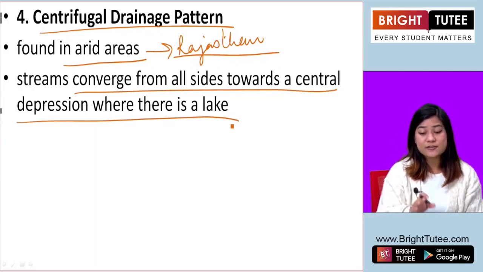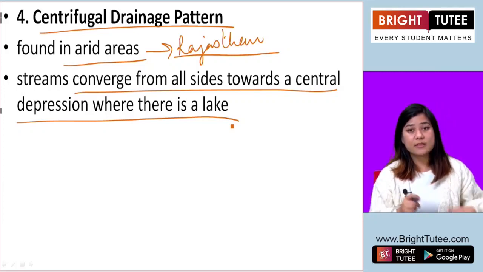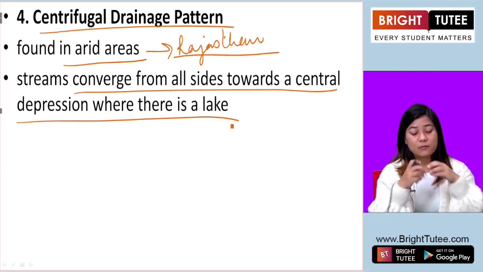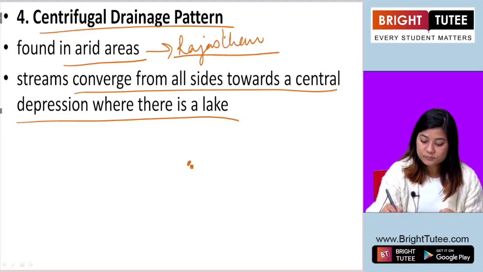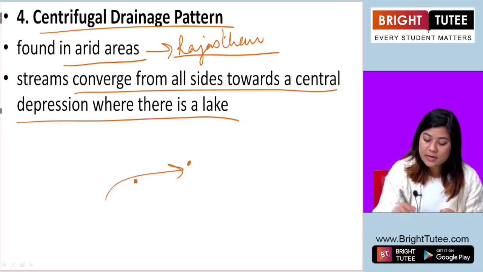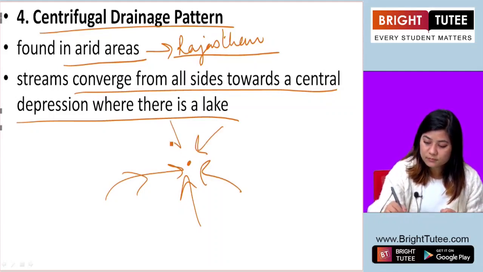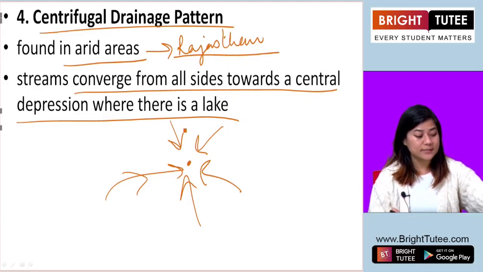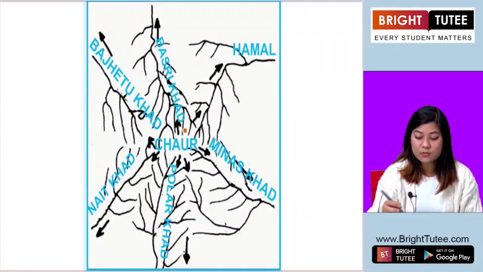So this centrifugal pattern is opposite to the radial pattern. In the radial pattern, from the tip of a cone or a peak, the water was flowing outward. But here, the water flows inward. Okay, inward from outward. All right. So here you can see the water flows inward.